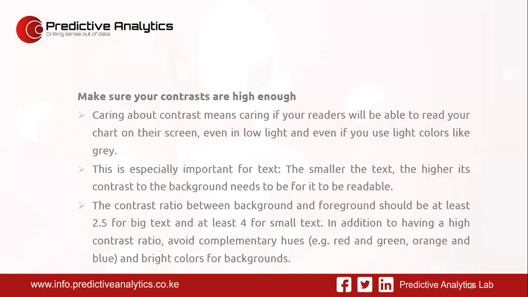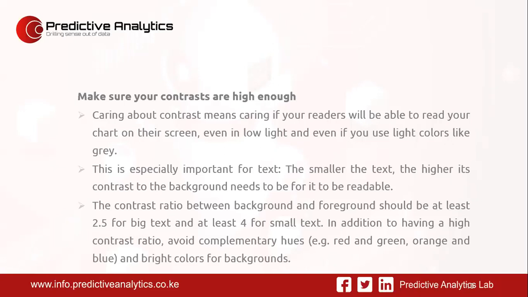The other point, make sure your contrasts are high enough. Caring about contrast means caring if your readers will be able to read your chart on their screen, even in low light, and even if you use light colors like gray. This is especially important for text. The smaller the text, the higher its contrast to the background needs to be for it to be readable.